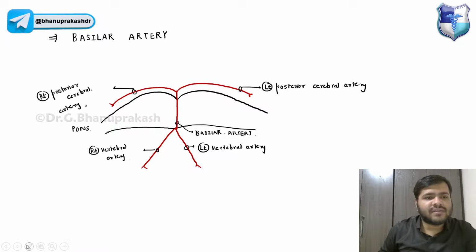Now this area which I'm highlighting, this is the pons part, and this is the ventral aspect, the anterior aspect of the pons. We have a sulcus in between that is called the basilar sulcus, through which this artery is passing.